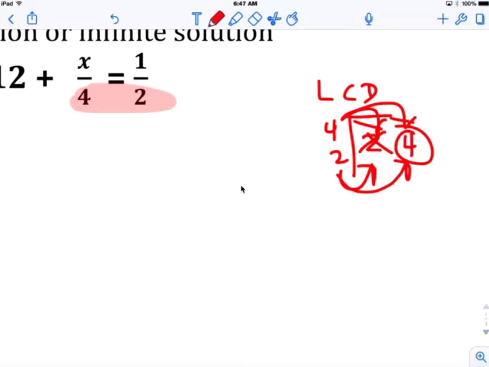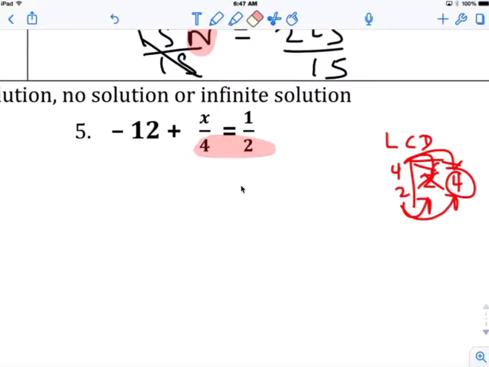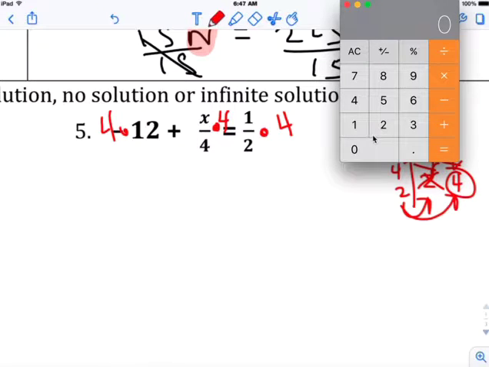So the least common denominator is 4. So here you multiply times 4 to all of them. Use your calculator. We'll start with these two: 1 divided by 2 times 4. Answer's 2.